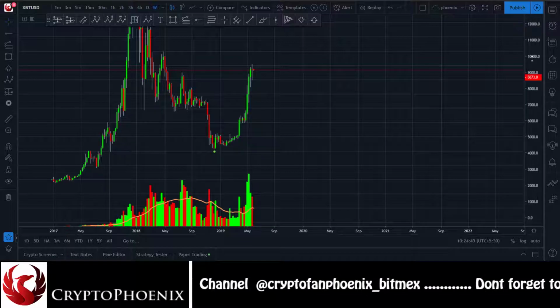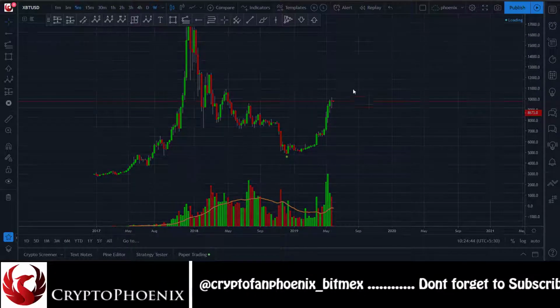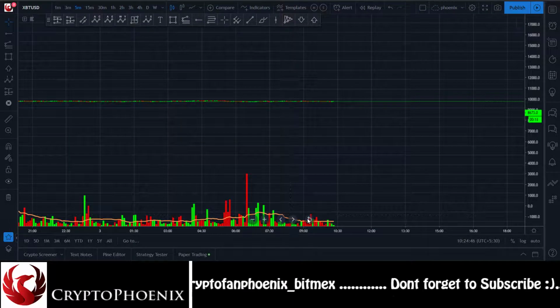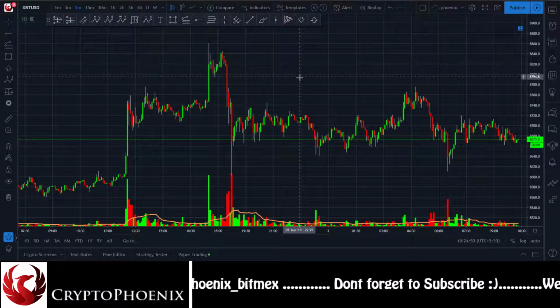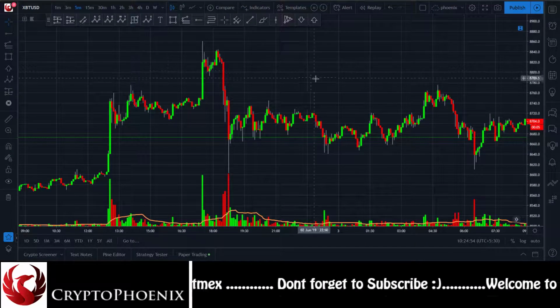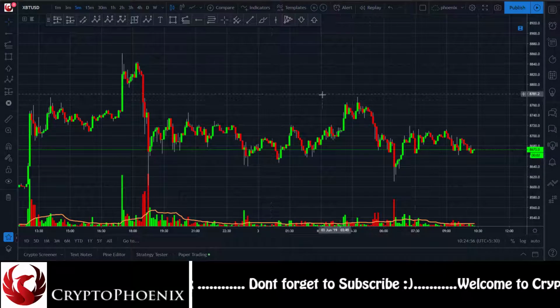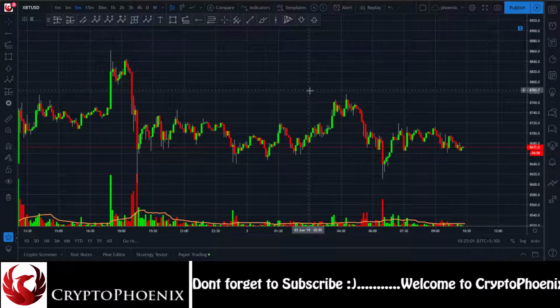I don't mean it only works on higher time frames. No, it also works on the 5 minute time frame, but only for scalpers. If you are a scalper, you know how to trade candlesticks on 5 minute or 15 minute time frames. I don't think we should go into that much detail about scalping strategy using candlesticks.